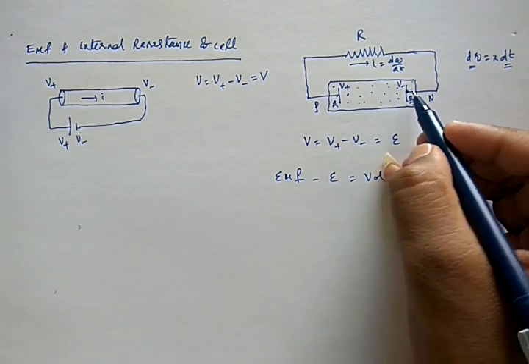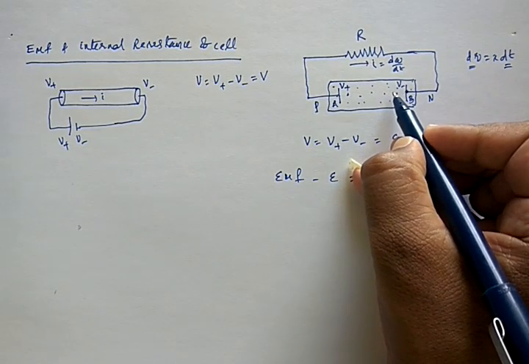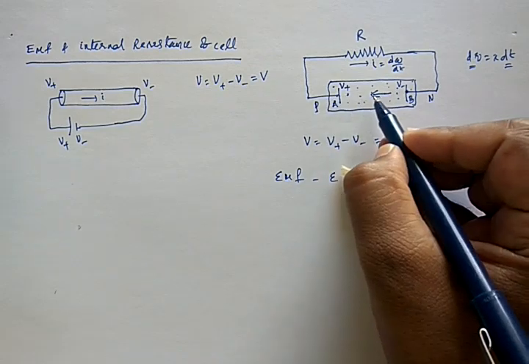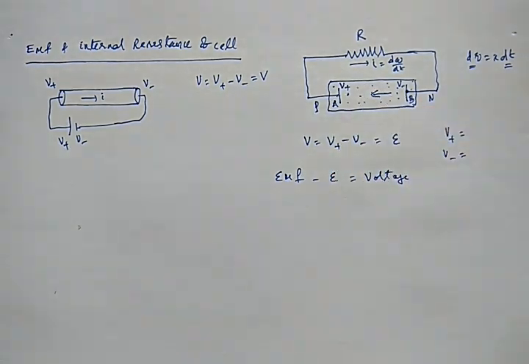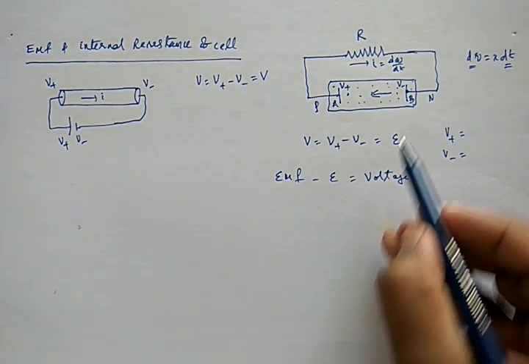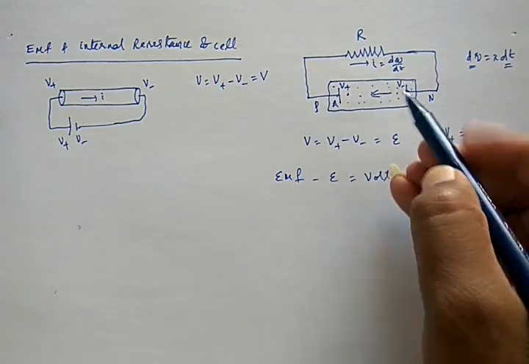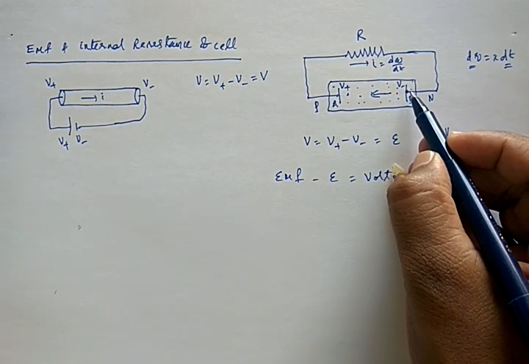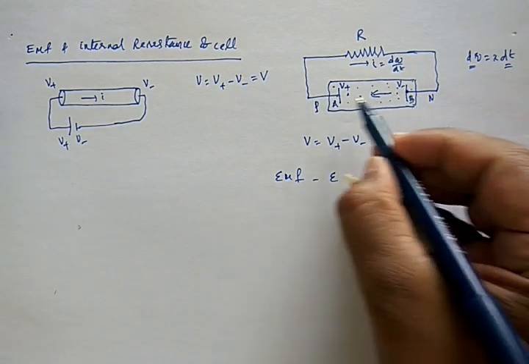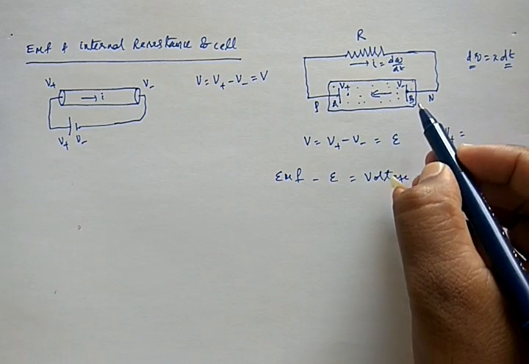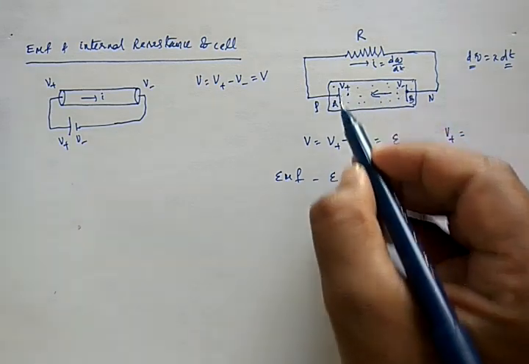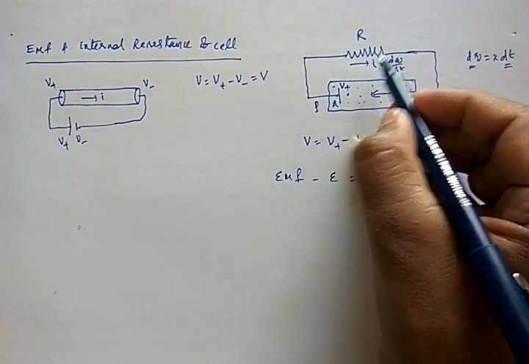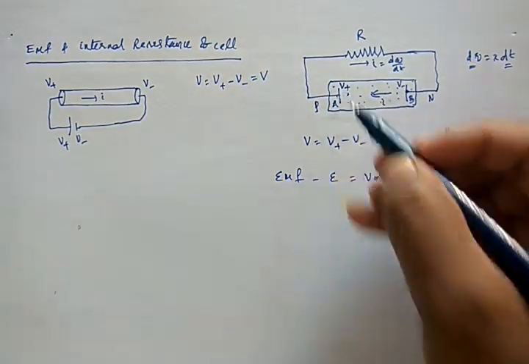Then immediately chemical forces will come into the picture, and those chemical forces will transfer the same amount of charge through the battery from B to A. So when charges are going from here to there and you see some current, to maintain constant potential difference, the same charge must be forwarded from B to A by chemical forces. And so whatever current you see here, the same current must go through this battery also.